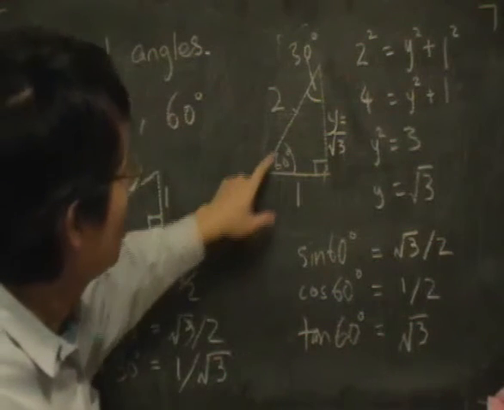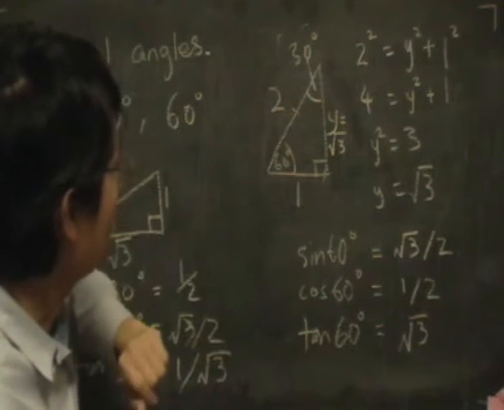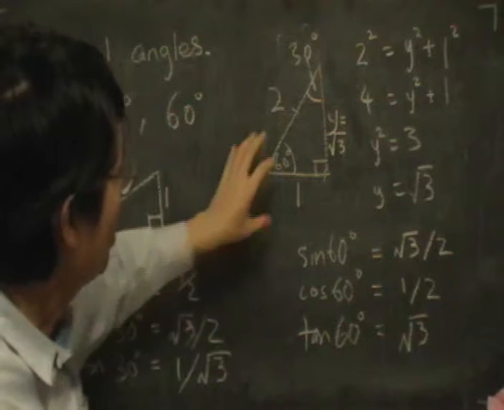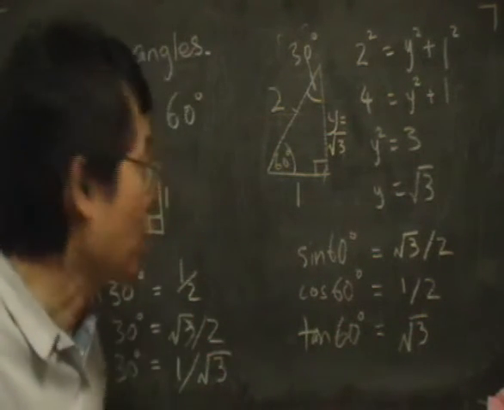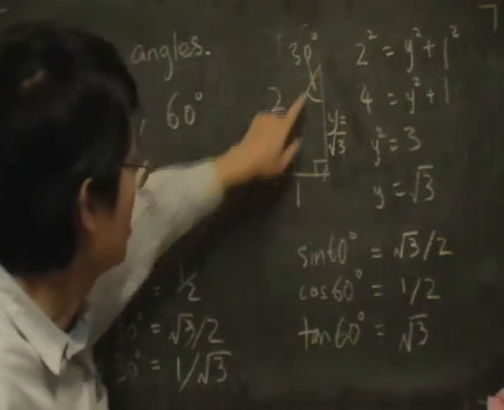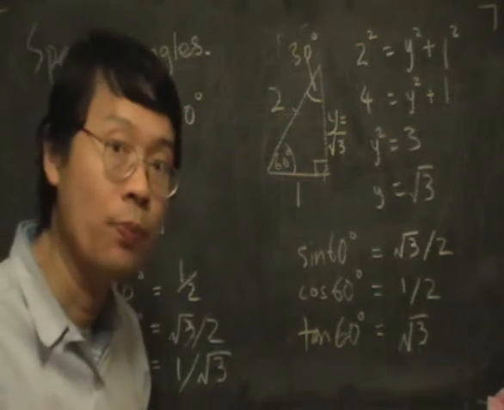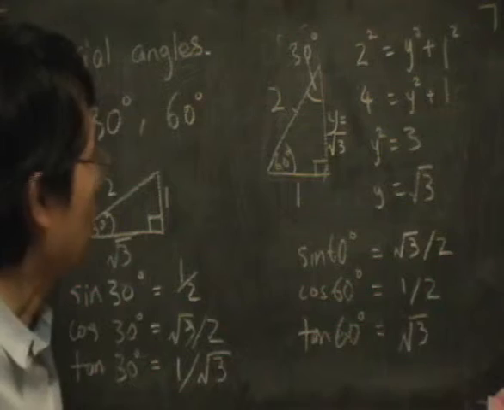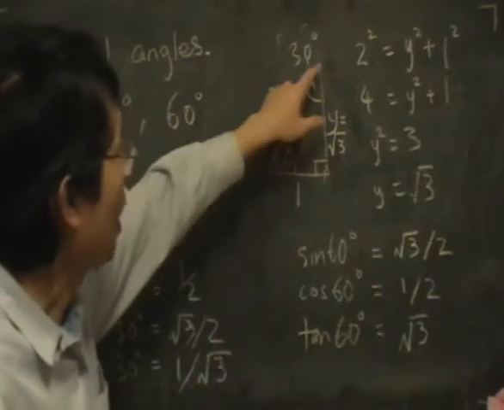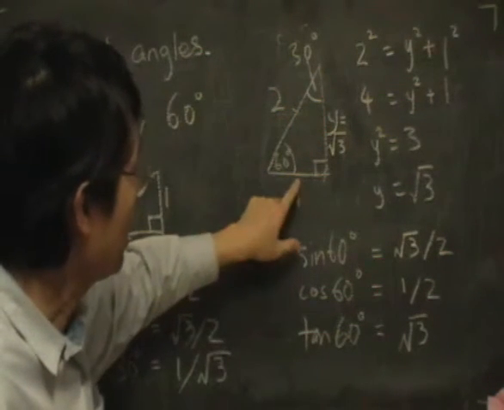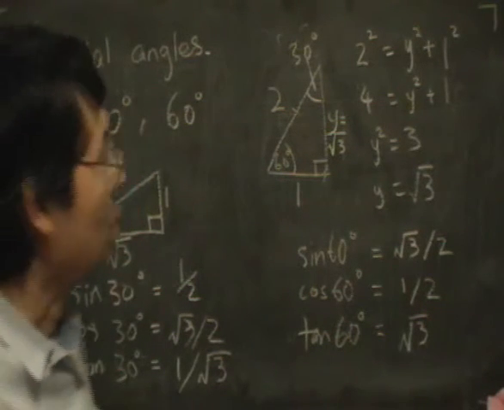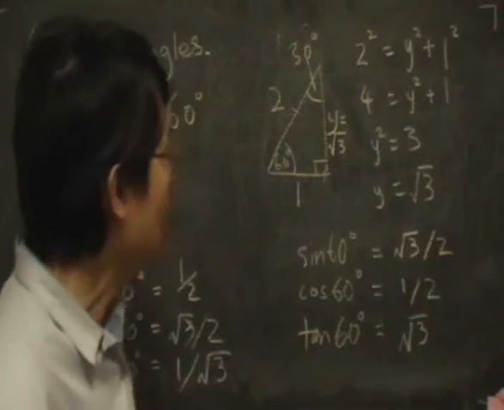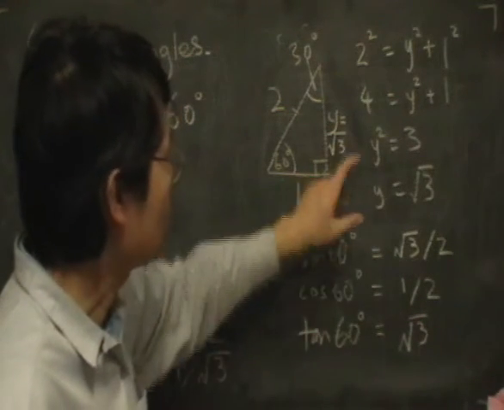Whereas if I simply remember one triangle, I can think of this triangle as half of an equilateral triangle where the longest side is 2. If I think of it this way, I would know straight away that the other side is 1.